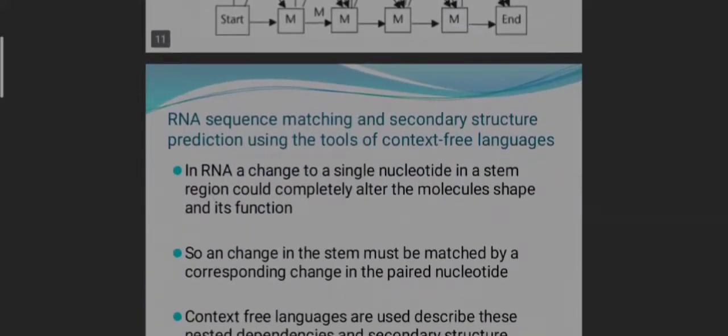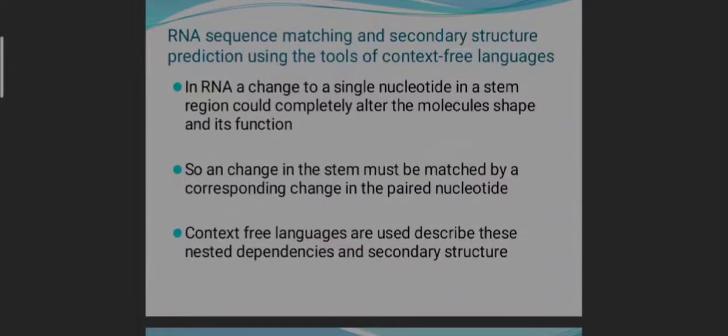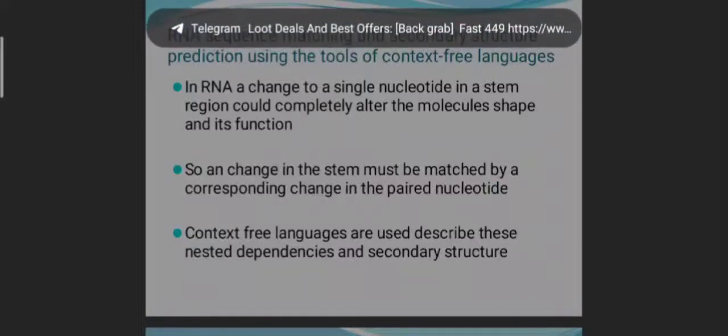Then, moving further to the next slide, here is RNA sequence matching and secondary structure prediction using the tools of context free languages. In RNA, a change to a single nucleotide in a stem region could completely alter the molecule's shape and its function.